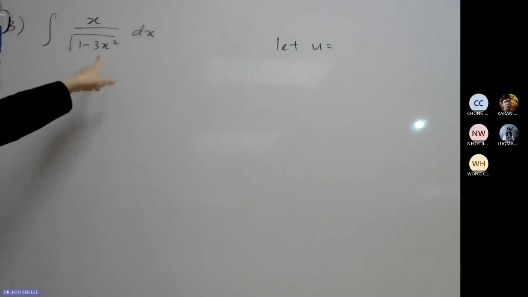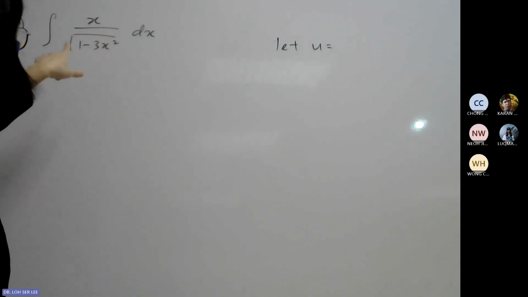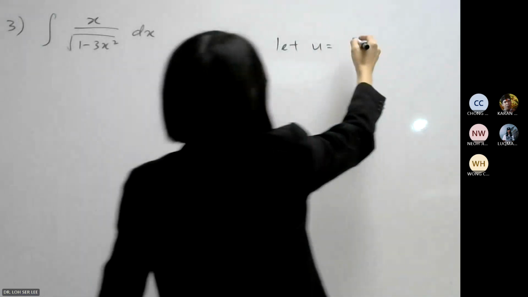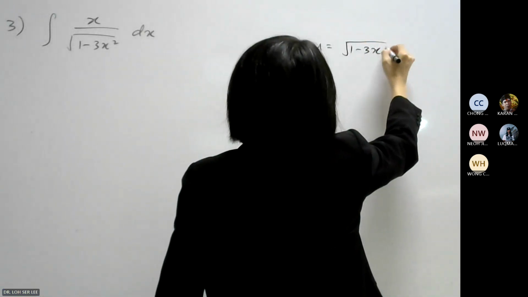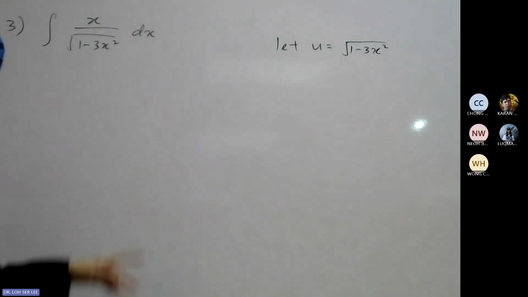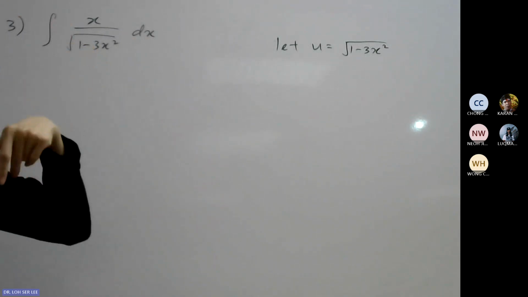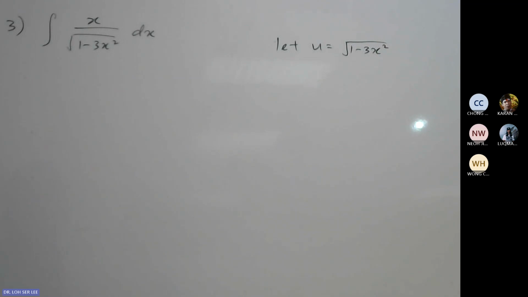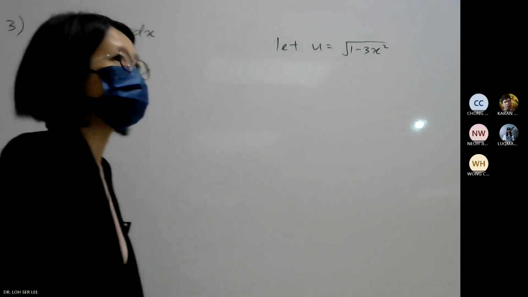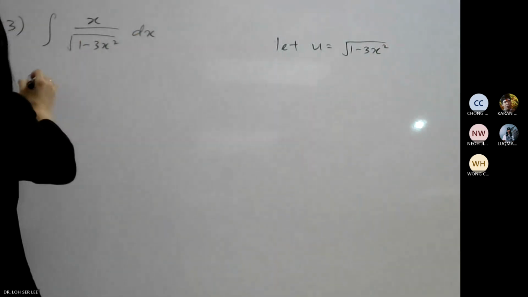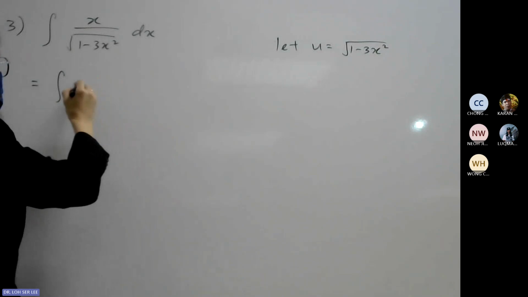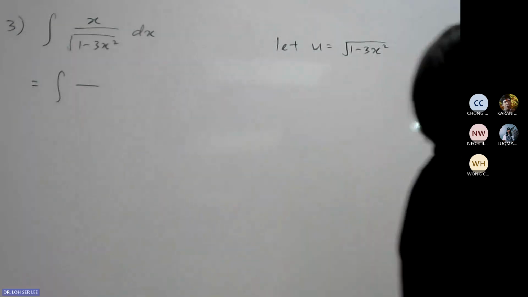You take 1 minus 3x squared, or you take the square root of 1 minus 3x squared. You can choose either one, but you will get the same answer. Try to change first.